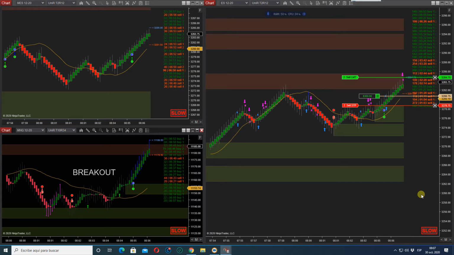Okay, guys, clear breakout. You see, this system works very well, guys. If you have patience, you can make money with this system.